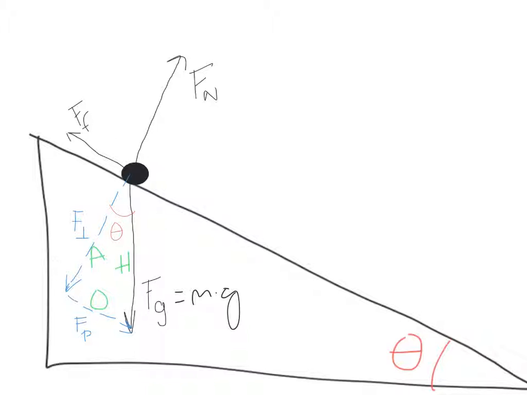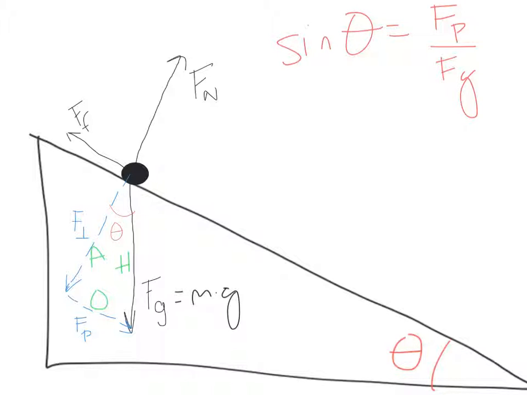So let's do that. What trig function involves the opposite and hypotenuse? Yeah, that'd be the sine trig function. So we get sine of theta equals the opposite side, which is Fp, over the hypotenuse, which is Fg.